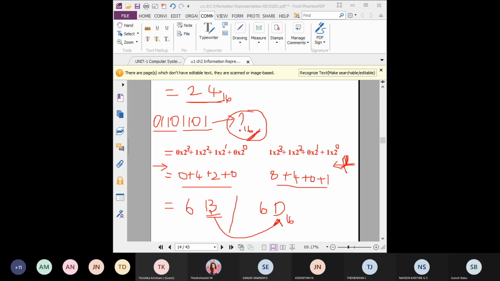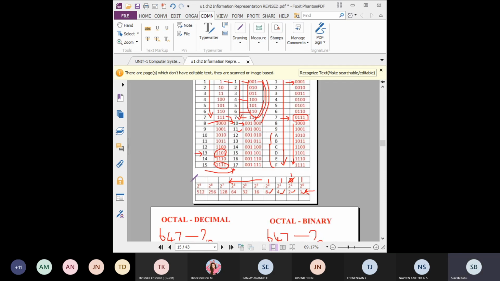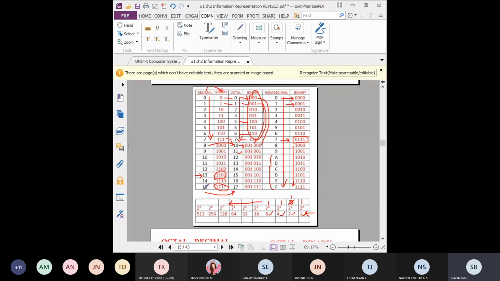Yes, sir. Okay, then for octal to other number systems and hexadecimal to other number systems, you should remember this tabular column. Everyone should memorize or remember it by any method. Then only you can understand how to convert from one number system to another.